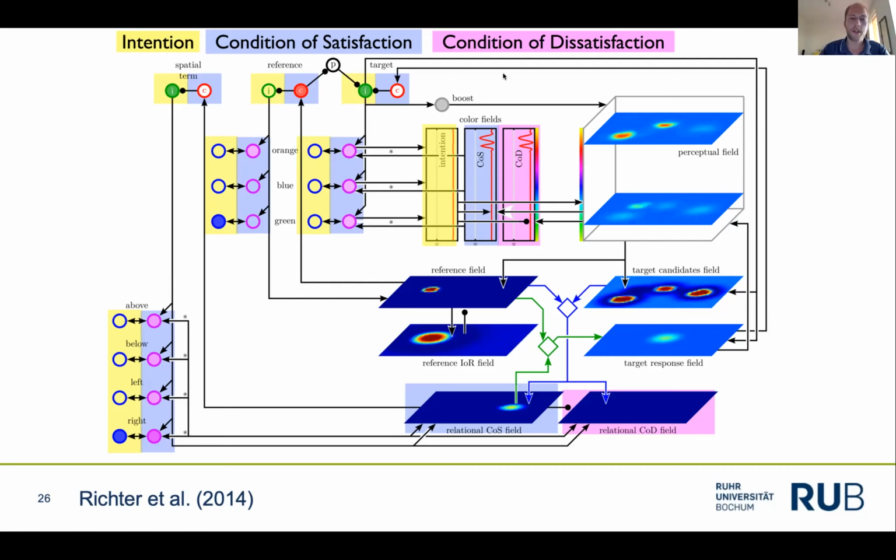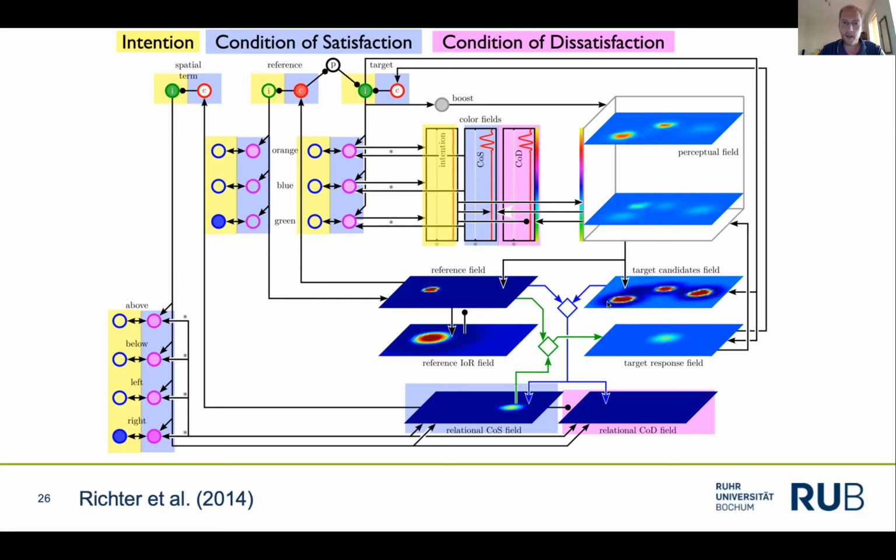The target process does the completely analogous thing for the target, for selecting the target candidates. Again, the intention node projects into these target color production nodes, which gate the influence of the target color memory nodes onto the color intention field, and thereby cause a search for the target color to be triggered. It also provides excitatory input to the target candidates field, allowing peaks to emerge there.